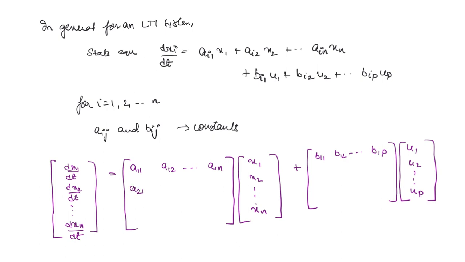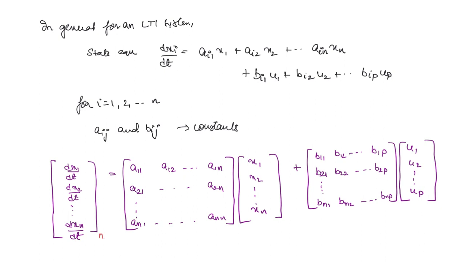It is going to be a21 and so on till a2n. Finally an1 and so on till ann. What about here? This will be b21, b22 and so on till b2p and so on till bn1, bn2 and so on till bnp. You write down the order of each of the matrices as well.